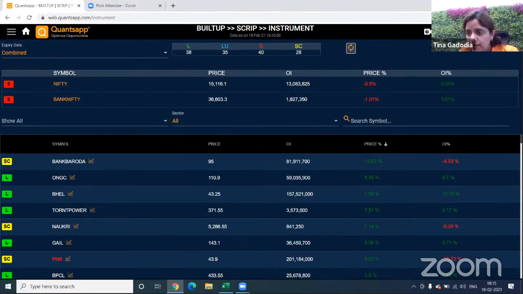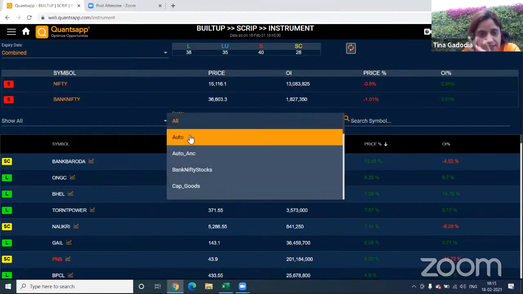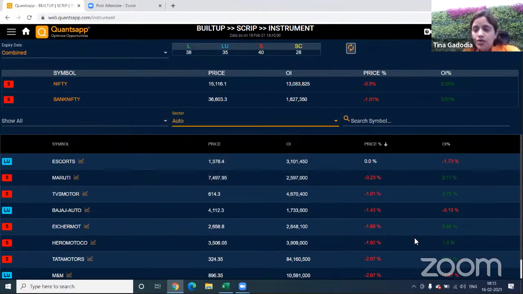So it's sort of a Synopsis, one step ahead, and you can figure out the stocks. You can look at the sectors. So if I say auto, how has the auto behaved today? The price was down, the OI was up, the price was relatively sideways, maybe 1% or so. So after such a good run up, a price taking a breather, you can't term it as a negative sign, it's a breather.